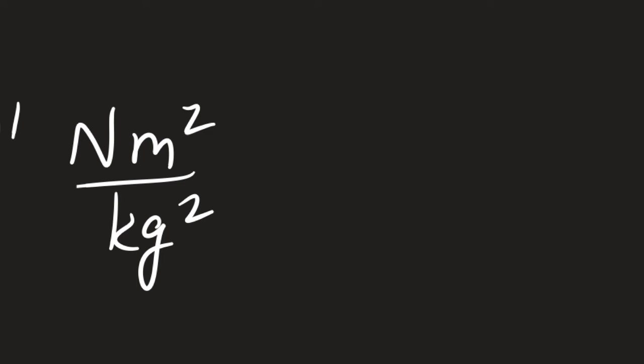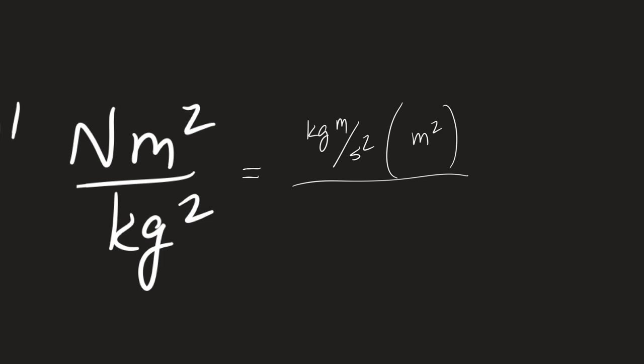A newton is a kilogram meter per second squared. Right? So they've taken the Newton part and broken it up into its base unit, which makes the top meters cubed.